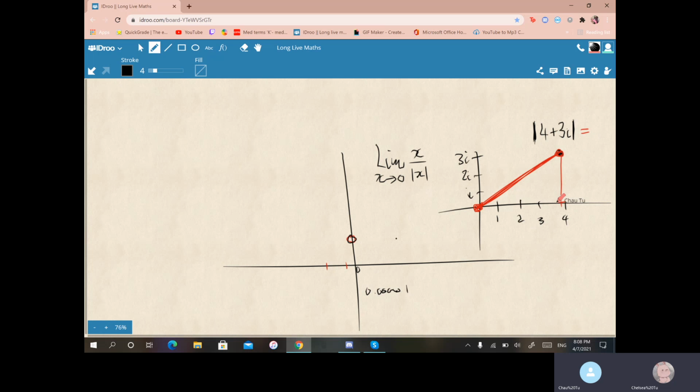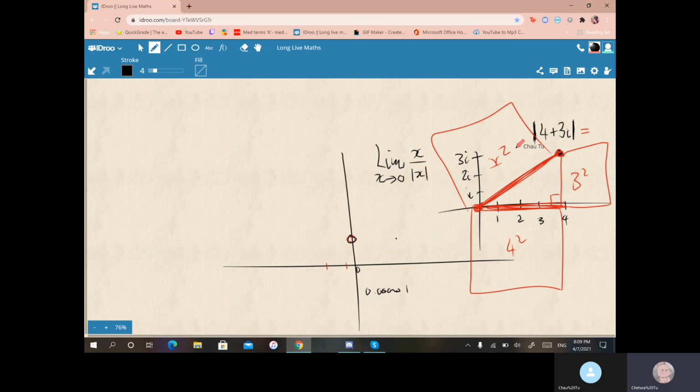Remember, you've got to use 4. No, 4 is from here to here. Well, this is a diagonal, so therefore it should be longer than 4. You got to use Pythagoras. Remember this? 4 squared plus 3 squared equals x squared. 16 plus 9 equals 25.